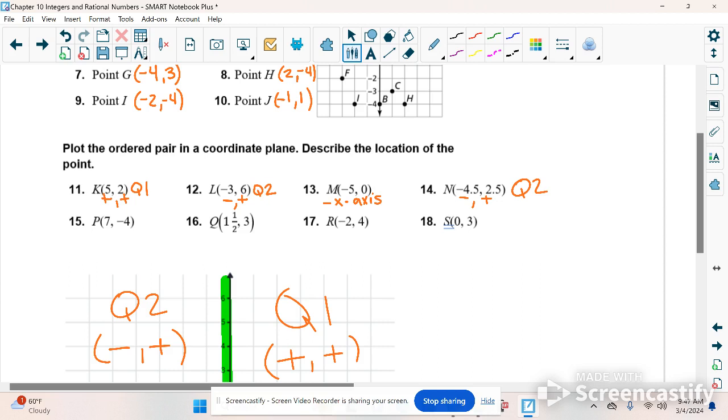Positive, negative. So what quadrant is that going to be? All right, number 16. What are the signs for it? Positive, positive. So what quadrant is it in? Q1.